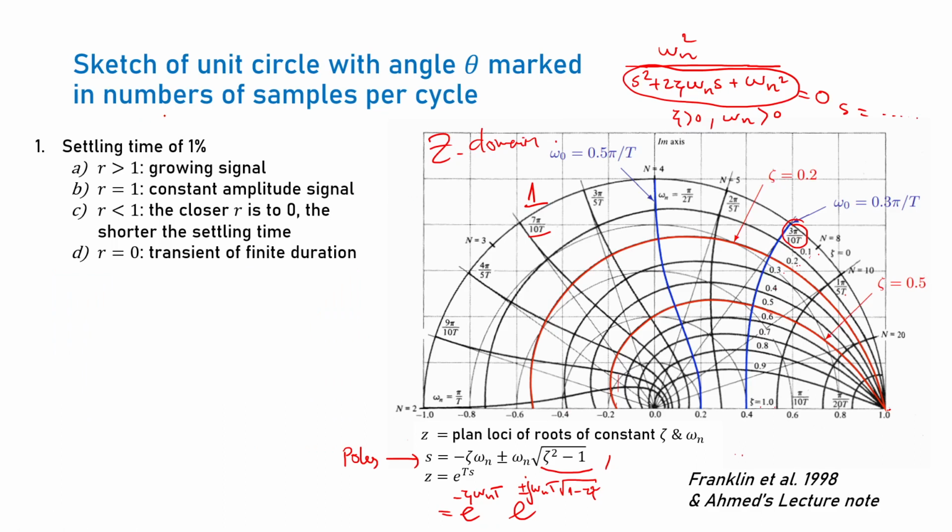Let's see some properties. Settling time of 1%. Well, for r less or greater than 1, no need to say anything about specification, because the signal just grows, right?